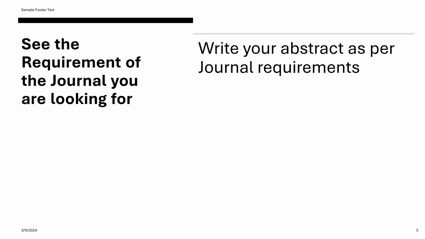Now, the next important thing is to see the requirement of the journal you are looking for. There are a lot of journals which are related to your research work. First and foremost, you have to check in which journal you want to publish your research paper. You write an abstract. There are a lot of free services available on the website of Elsevier and other publications that you can use to check your abstract. Elsevier is a very big publication house and it has a lot of journals.